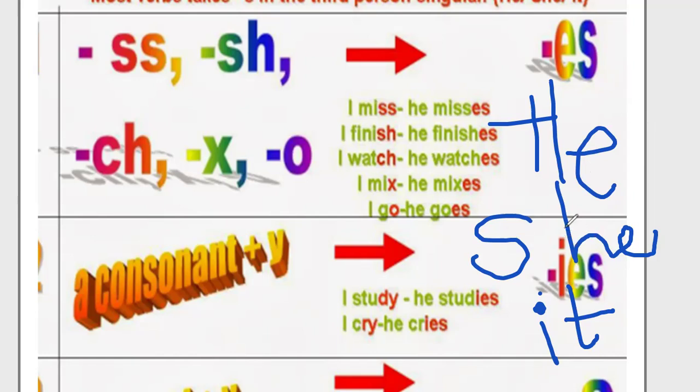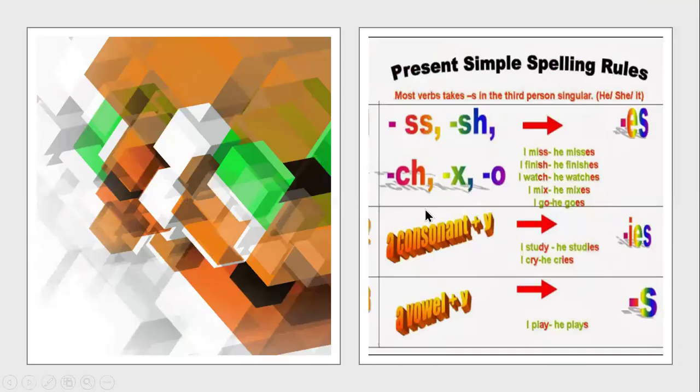She can be my mom, my sister, Gisela, etc. And it can be the cat, the table, the climate, the house, a thing or animal in singular. That's it. So don't forget that when you are speaking in present, we need to apply this to the verb.